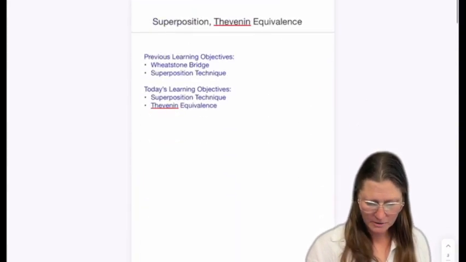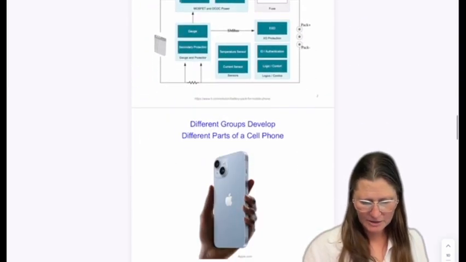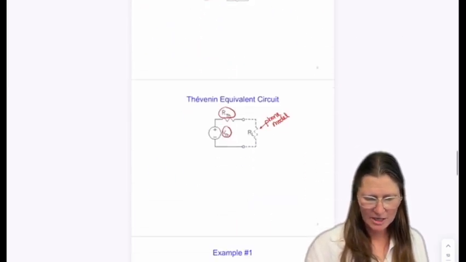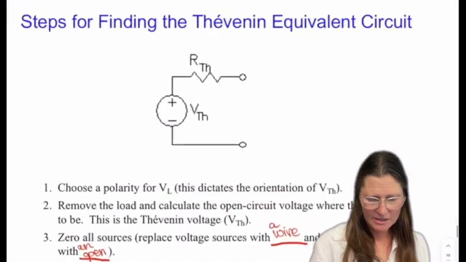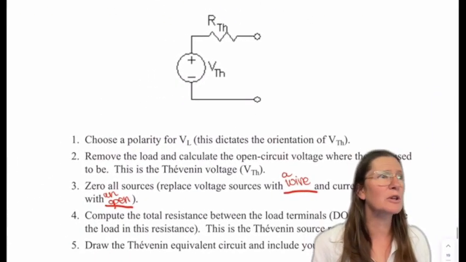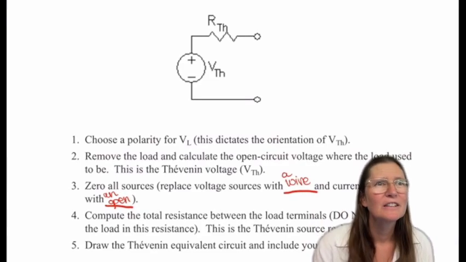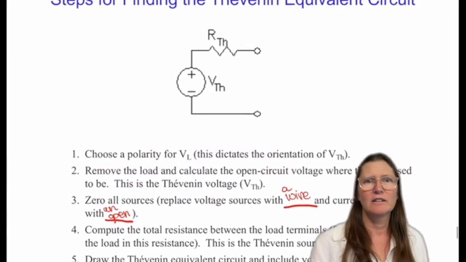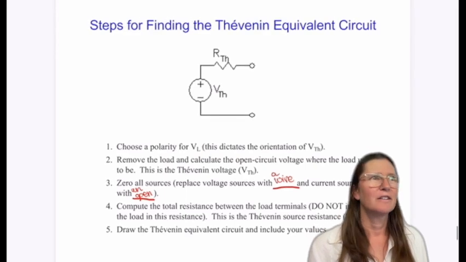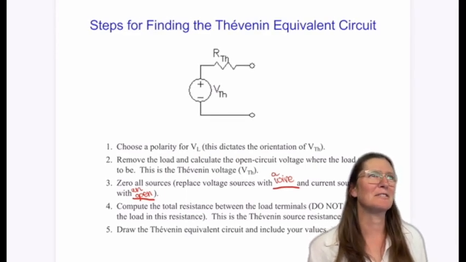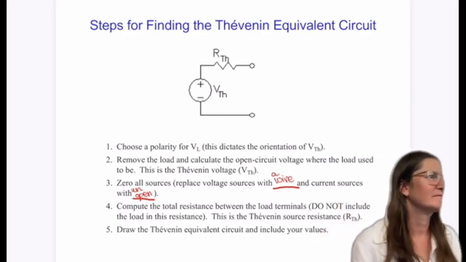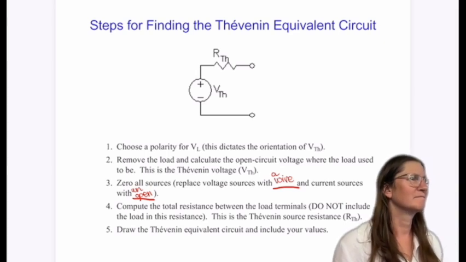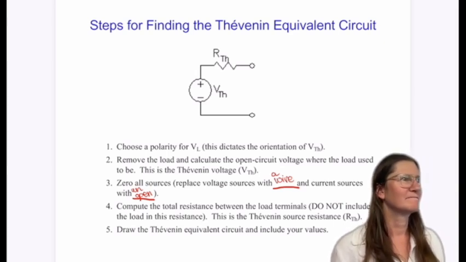So for the Thevenin equivalent, anybody want to take an attempt at describing why we want to do a Thevenin equivalent? What's the purpose of it? Is it to simplify the circuit down so it's a little bit easier to solve for other factors?